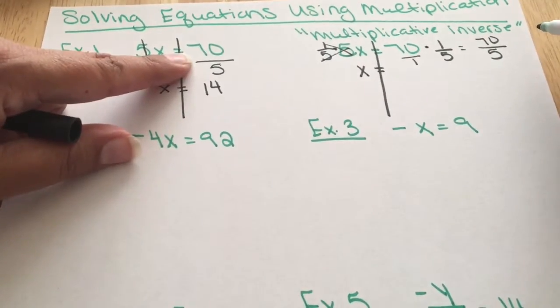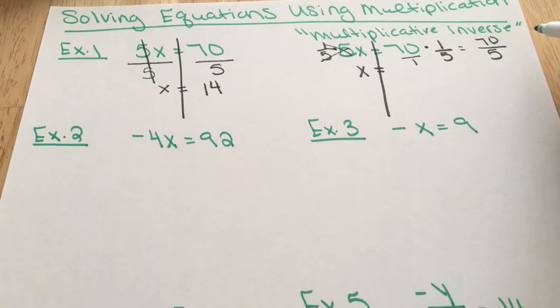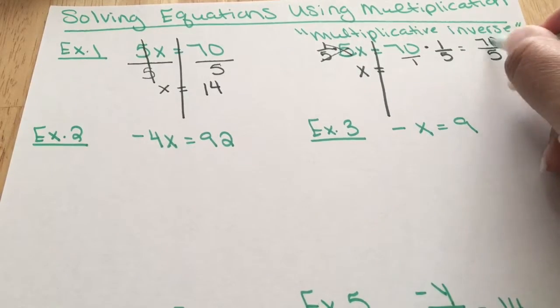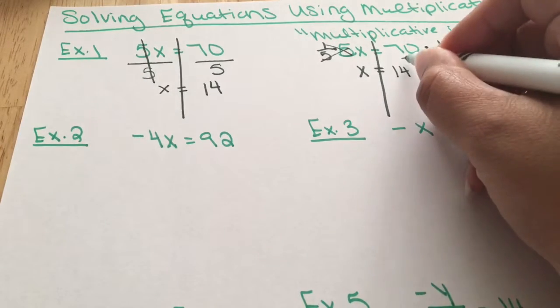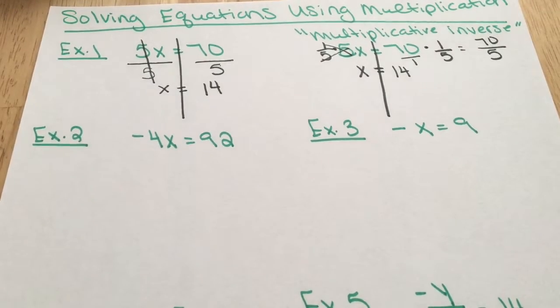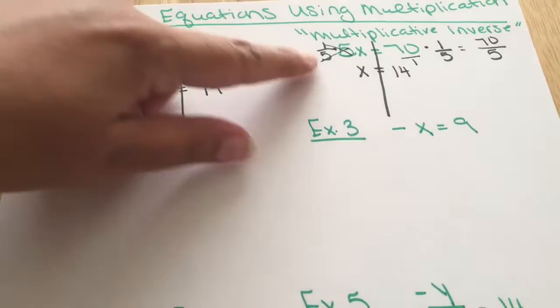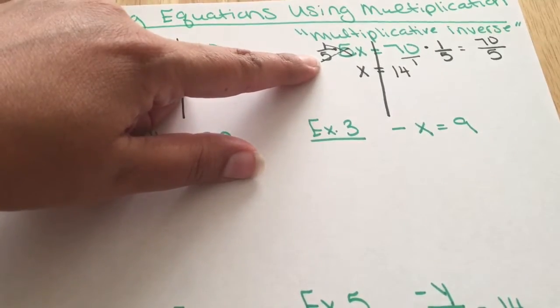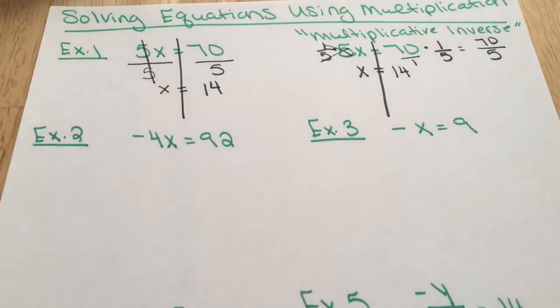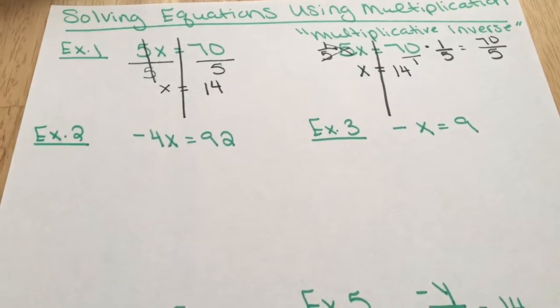It's actually what we had on the first equation that we did. And we know that 70 divided by 5 is going to be 14. So regardless of if we use the opposite operation, division, or if we multiply by a reciprocal, we're going to get that same answer. And we can use either way as we go through solving the other equations.